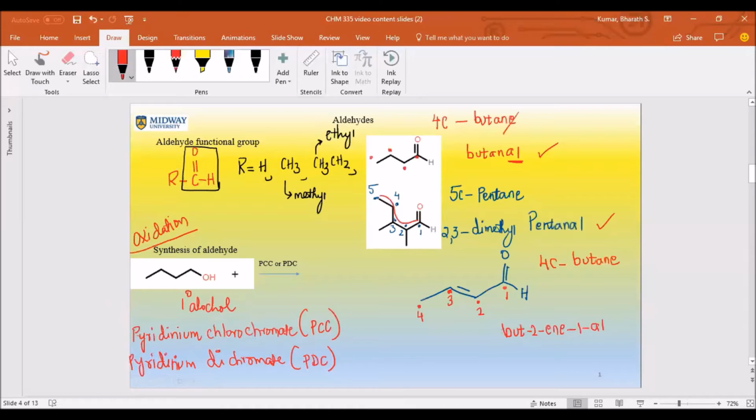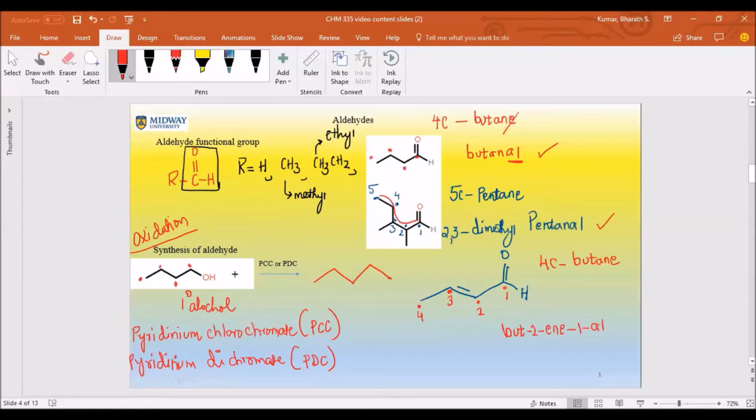Now the point here is that this is an oxidizing agent. The cool thing with alcohol and ketones when you're oxidizing them is you get to keep the same number of carbons. So here, this is a primary alcohol. So we have 1, 2, 3, and 4, right? So your aldehyde should also contain 4 carbons. So 1, 2, 3, 4.